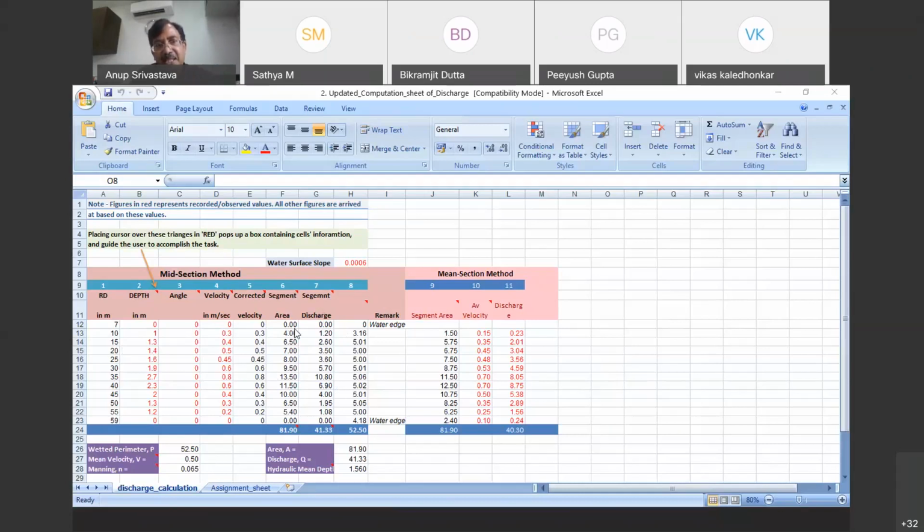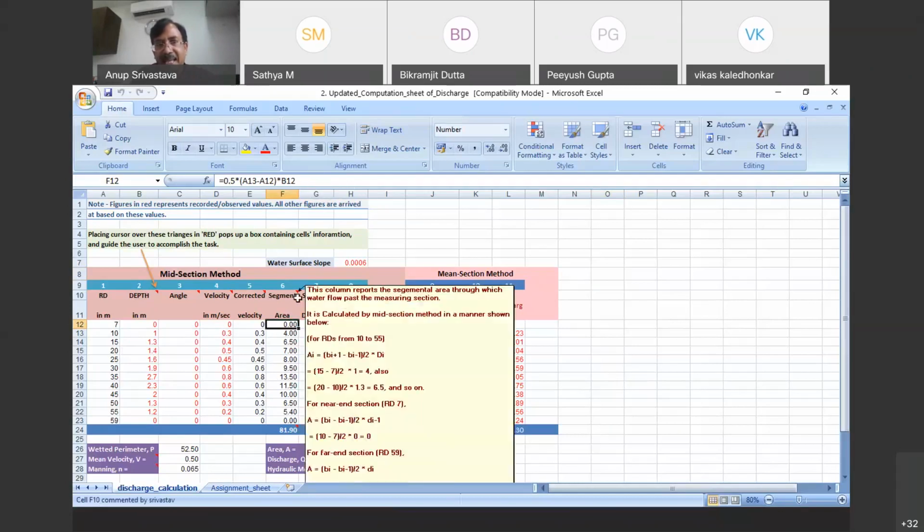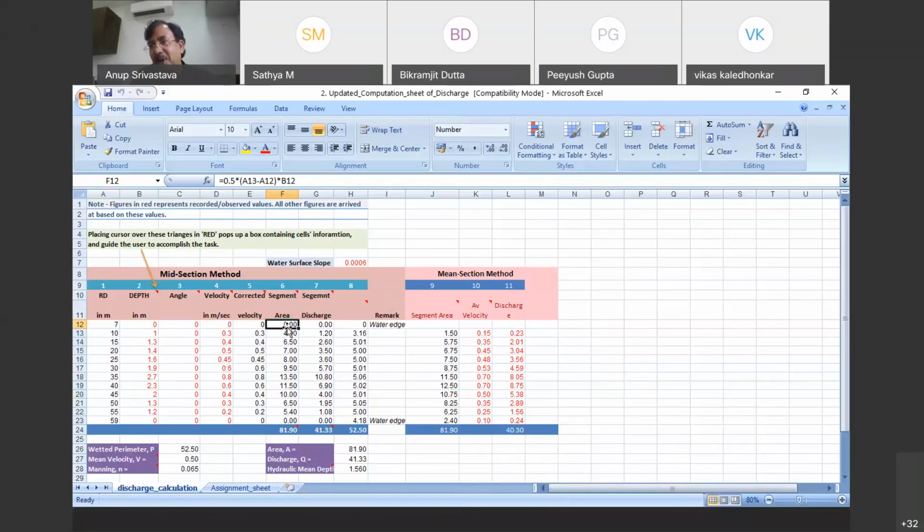In this Excel sheet, each cell shows how the calculations have been performed. Pandeyji has already told you that once you place your cursor over this small triangular part, it will pop up a box where the calculations involved in this column would appear.